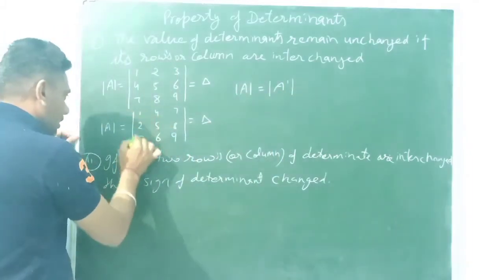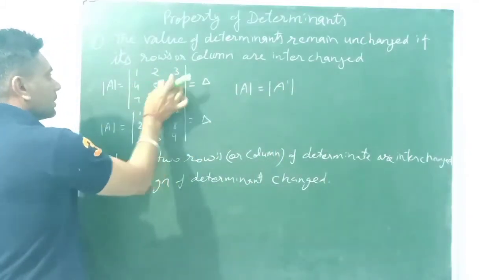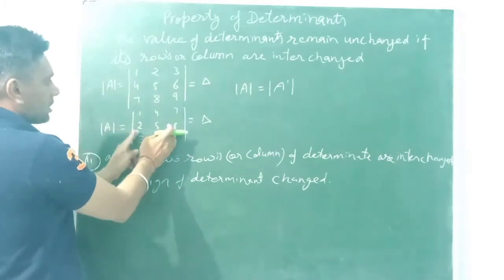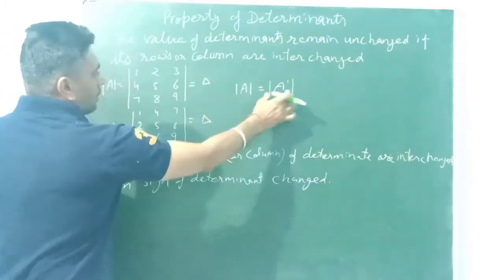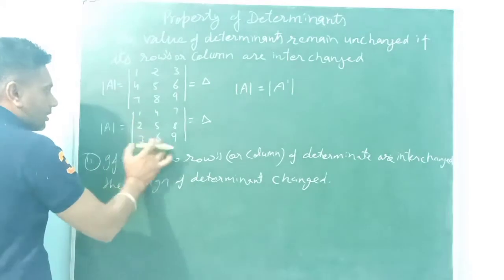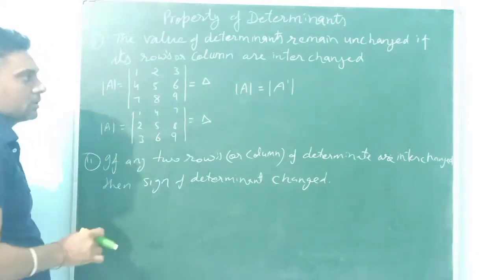This is the transpose of this matrix. If this is a matrix A, then this is the determinant of A transpose.